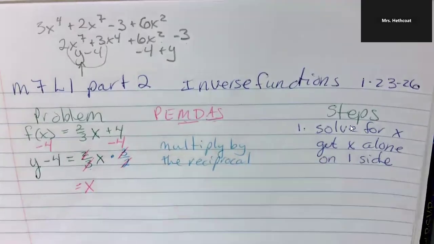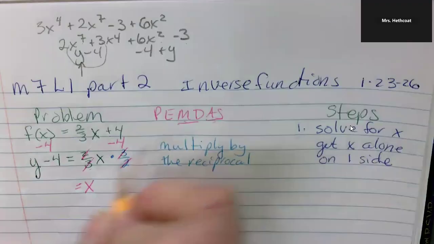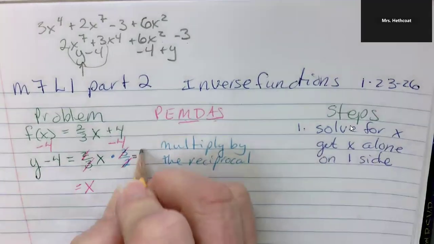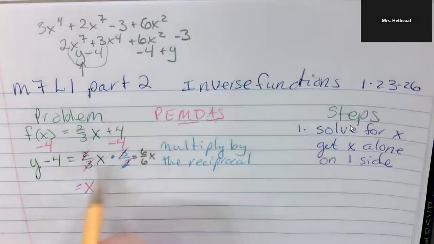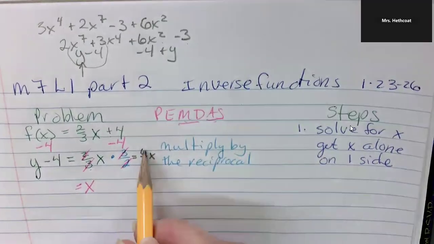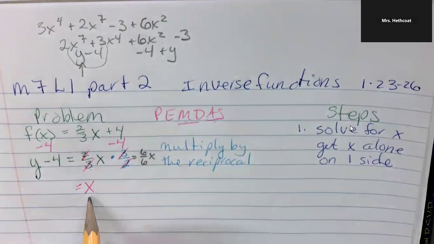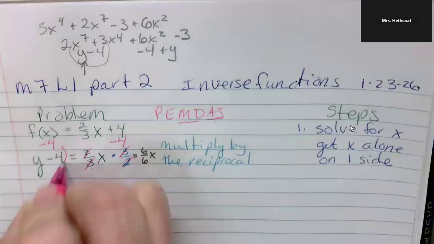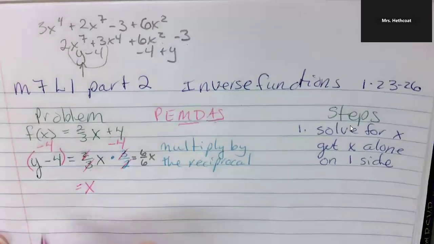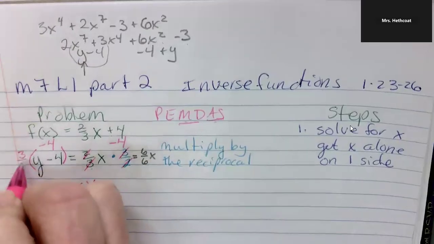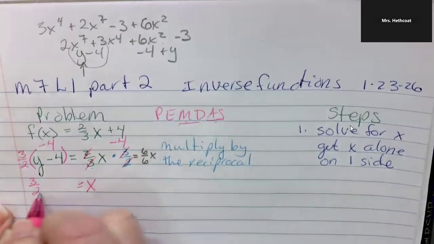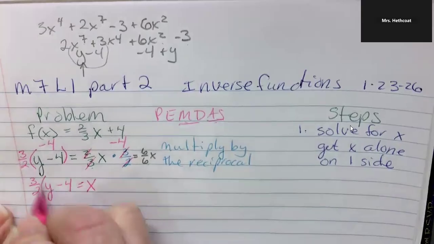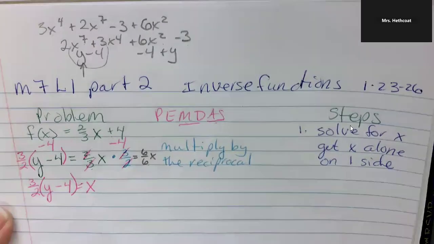If that doesn't quite make sense to you, you also could have multiplied it out and gotten 6 over 6x, right? 2 times 3 is 6, 3 times 2 is 6, but 6 over 6 is 1, so you still get x. On the other side, you do have to put parentheses around it and multiply this whole side by the 3 over 2, but that actually can be where you end that problem. Make sure you have your parentheses around your y minus 4.